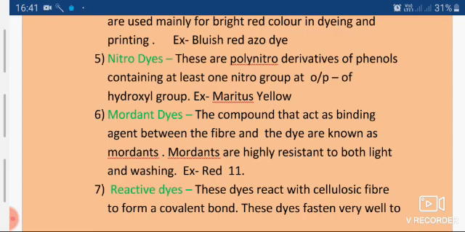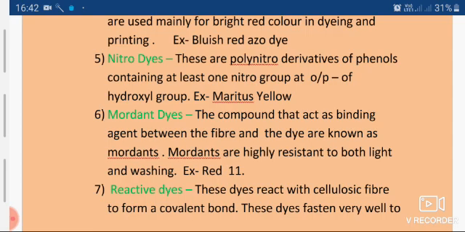And the mordants are highly resistant to both light and wash, as this material binds the cloth and dye so that it is not easy to wash away this dye, and this dye is used to apply colors to the clothes and leather.